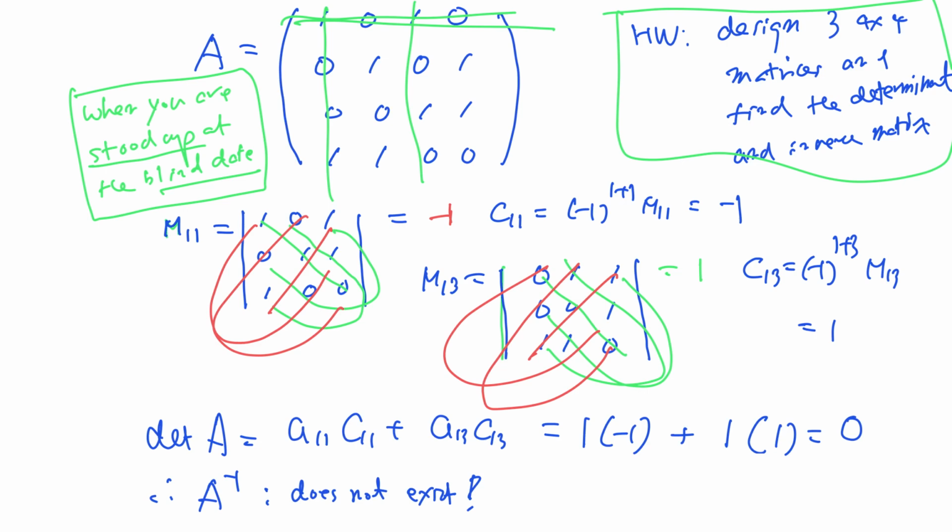So you are waiting at the blind date. Waiting for 1 hour, and your date doesn't show up. So what do you do? Homework. If you design a 4x4 matrix, this is probably one of the best ways to spend 1 hour. So even if you are stood up, you still feel good, right? Because you have done your homework. It's supposed to be a joke.